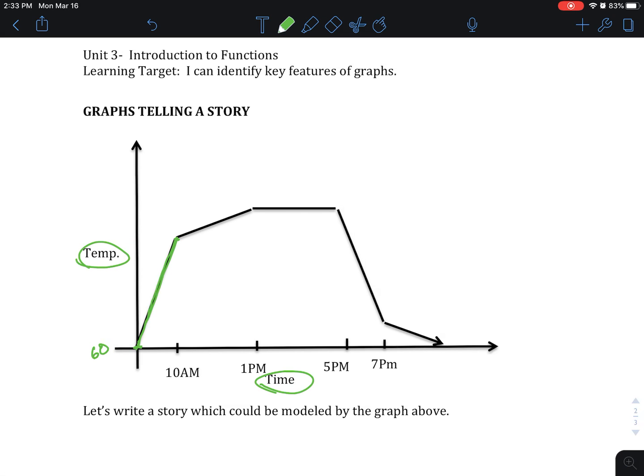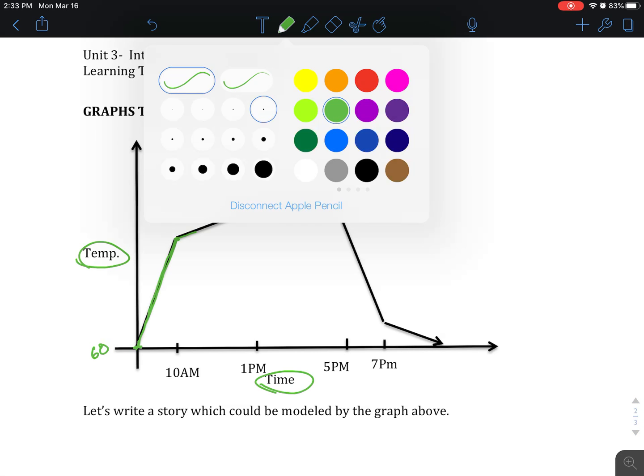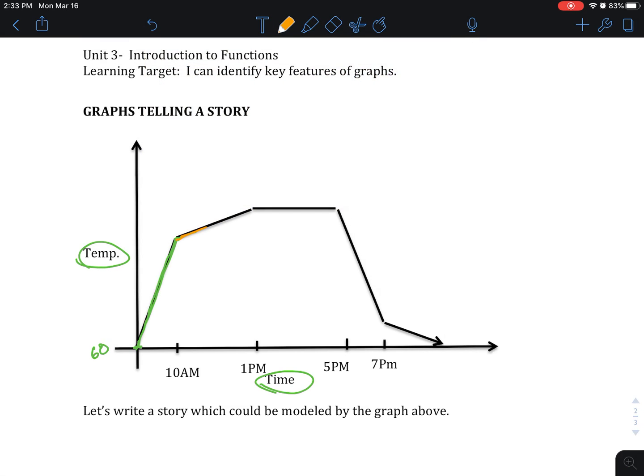But then at 10 a.m., again, it's still increasing. Let's do it in orange. It's still increasing, but it's not as steep. So the temperature is not increasing as quickly as it did before 10 a.m. Once we hit that 1 p.m., you can see it kind of levels off, right? The temperature levels off. So the temperature stays pretty constant, whatever that happens to be.